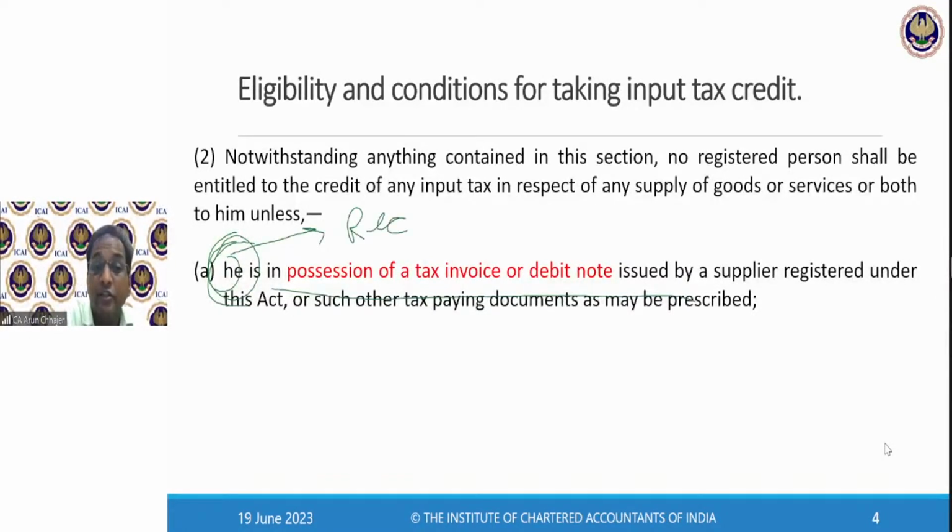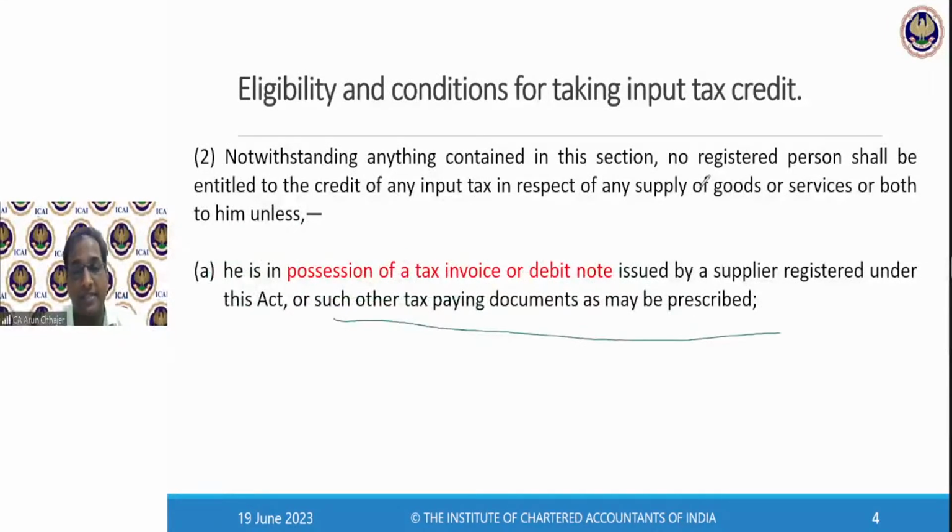So the recipient should have the tax invoice or debit note or any other tax paying document as may be prescribed. Where it is prescribed and which documents are prescribed, we are discussing. But the first condition is he should be in possession of the tax invoice or debit note.